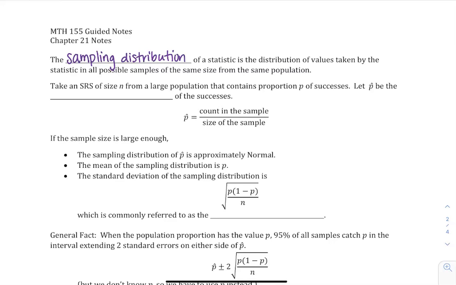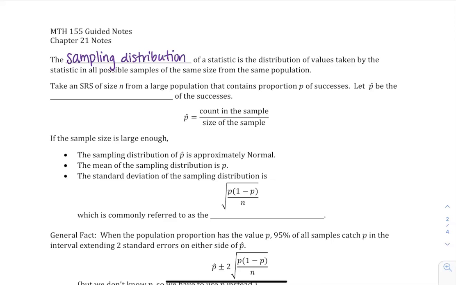Most of our proportions should be relatively close to the true population proportion, but they won't all be exactly there. We know from our normal distribution that you're going to have a mean and a standard deviation. So the sampling distribution is going to have a mean and a standard deviation as well. So how do we find it? Well, the first thing that we're going to be focusing on is taking a simple random sample.